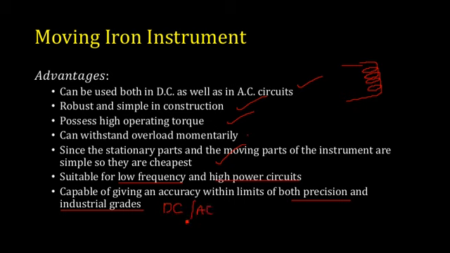So these are an excellent choice since both AC and DC can be measured. Compared to PMMC instruments, the errors are higher. If you are not requiring very high accuracy levels for measuring DC, you can go for MI instruments. If you are going for highly accurate measurements, you can choose PMMC instruments.